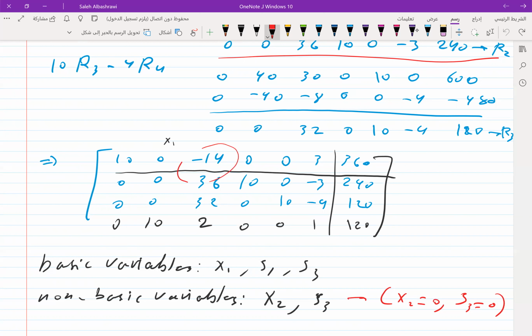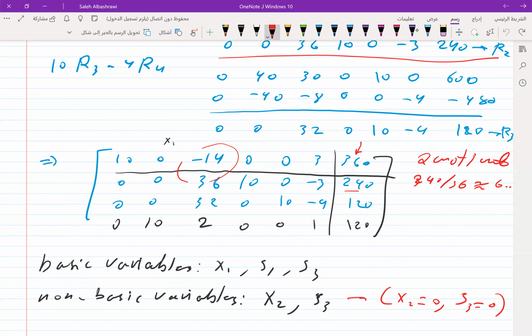Again, I need to find the quotient. Divide b by these numbers. So the first one, 240 divided by 36, it is about 6 point something.